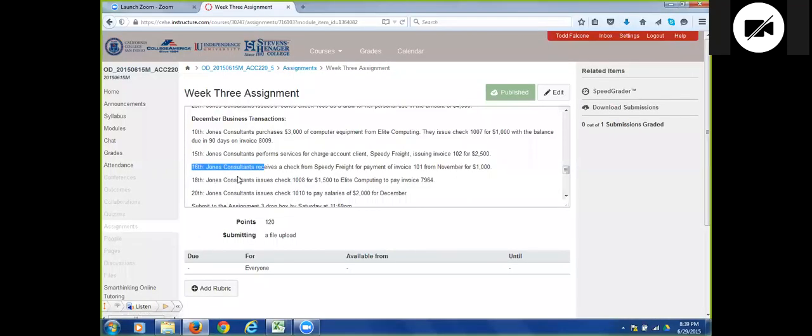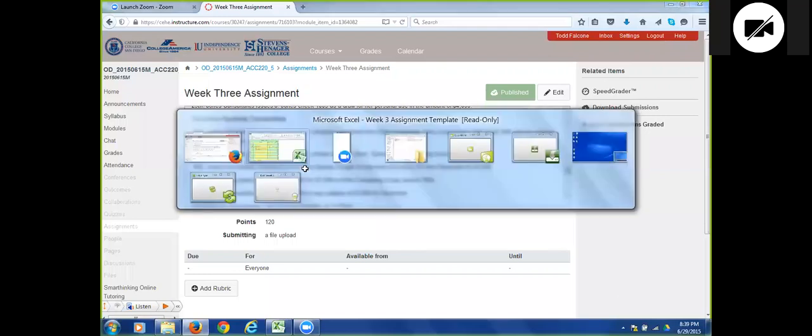So if we receive a check, that means our cash, if we receive a check from a payment of an invoice that's already recorded, that means our cash is going to increase and our accounts receivable is going to decrease, which they are both assets.